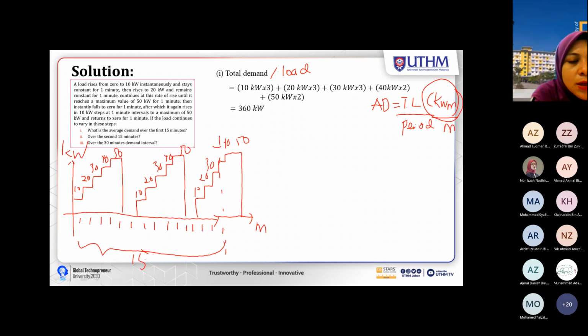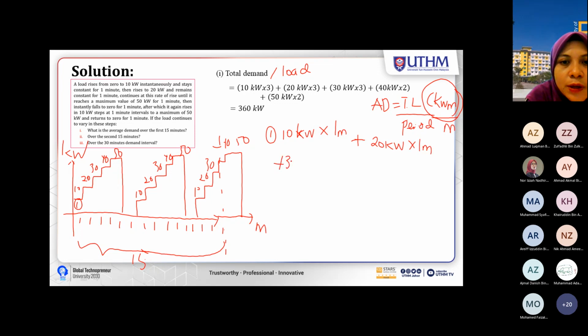Kilowatt minit maksudnya kalau ikut case yang pertama ni, first you kena kalilah, maksudnya 10 kilowatt kali dengan 1 minit. Dia punya total load. Kemudian you tambah lagi yang kedua, tambah dengan 20 kilowatt kali dengan 1 minit lagi.